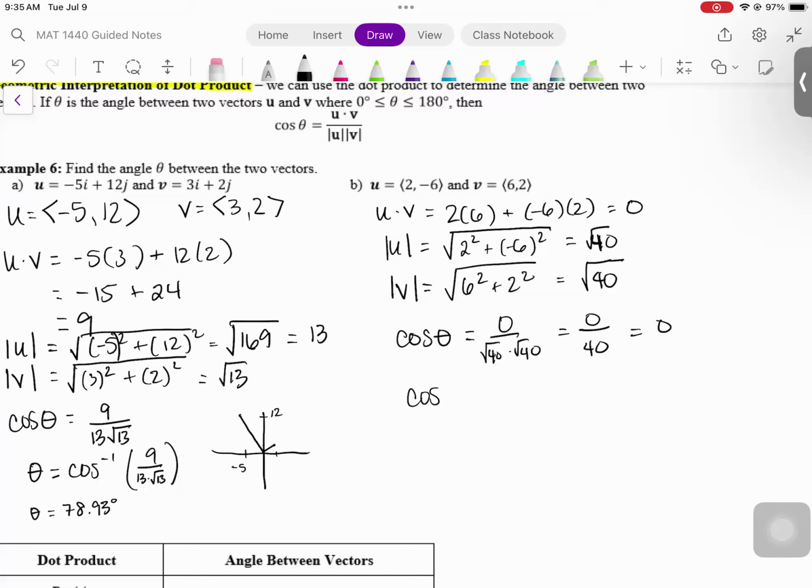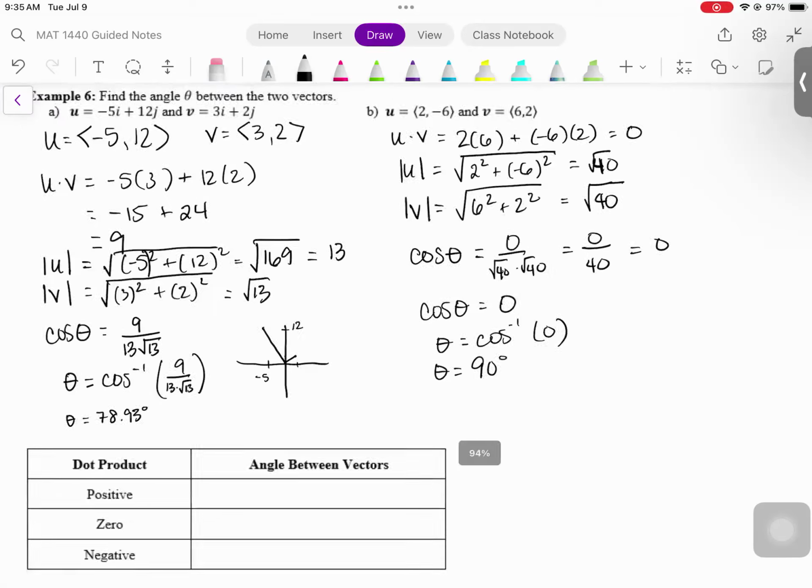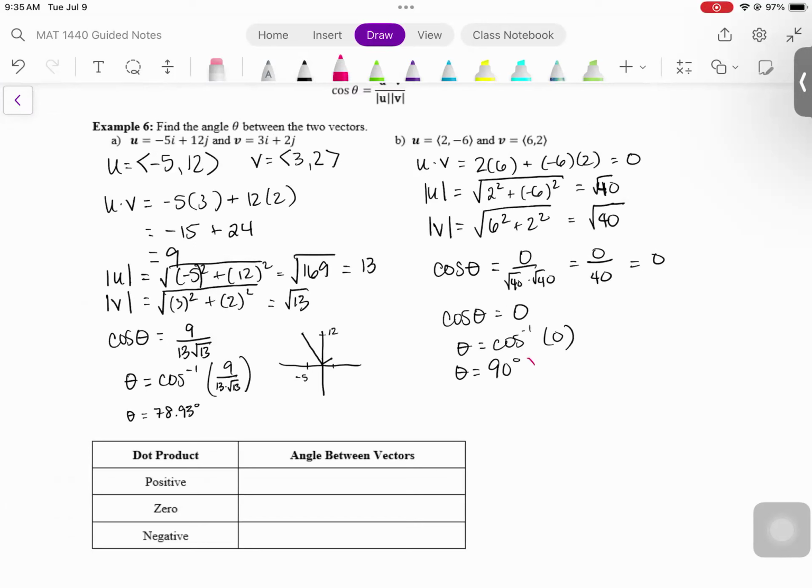So what we're really solving for is cosine theta is equal to 0. And we can use inverse cosine. But we know that between 0 and 180 degrees, cosine of theta is equal to 0 when theta is equal to 90 degrees. Now, this is a pretty special case here, and we're going to come back to it after we go through this table.